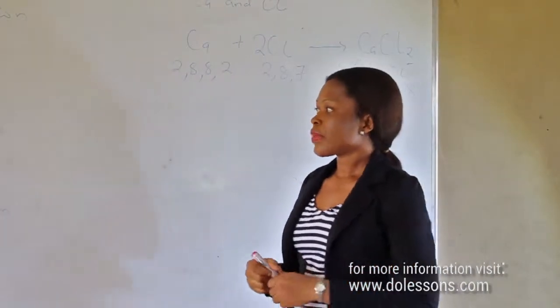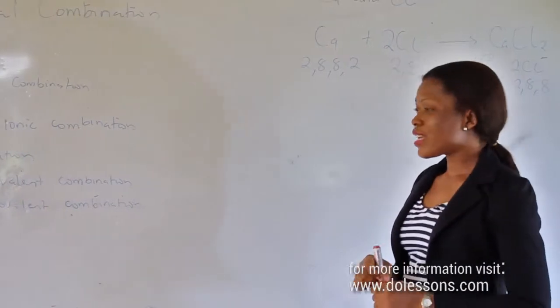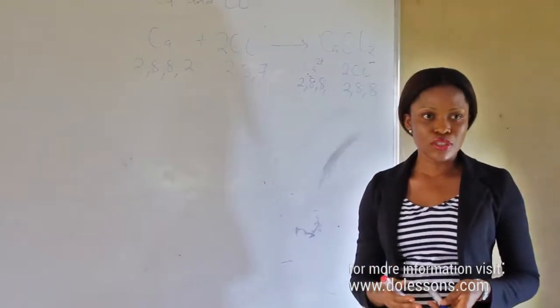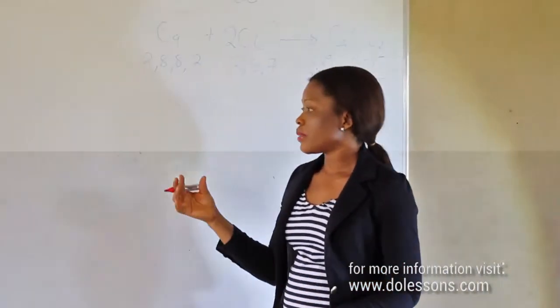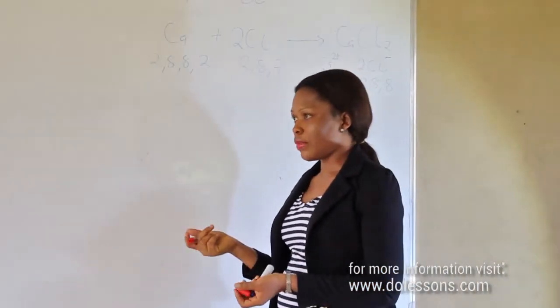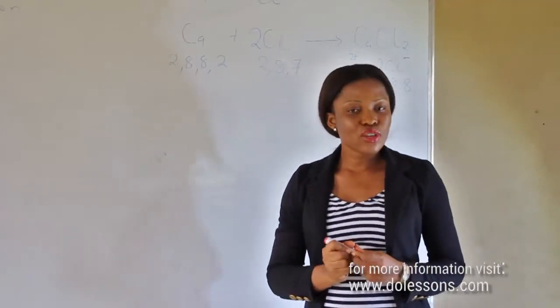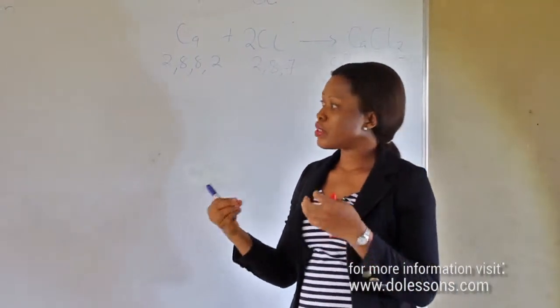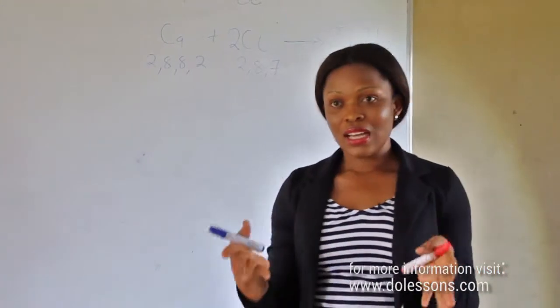The second form of combination, the covalent combination, involves sharing of electrons between the combining elements, usually between 2 or more non-metals. For the ordinary covalent combination, the electrons for the combination are contributed evenly between the 2 participating atoms.